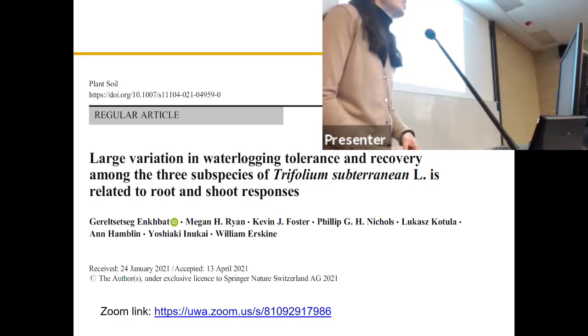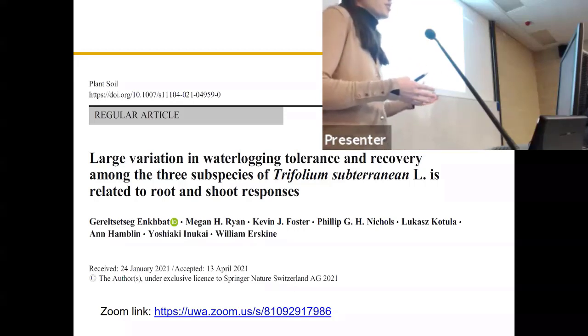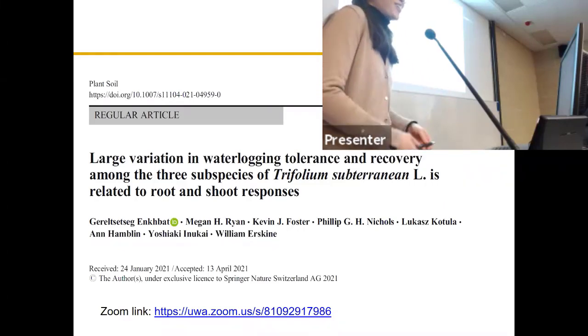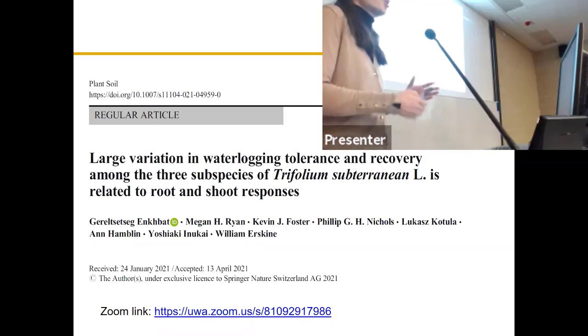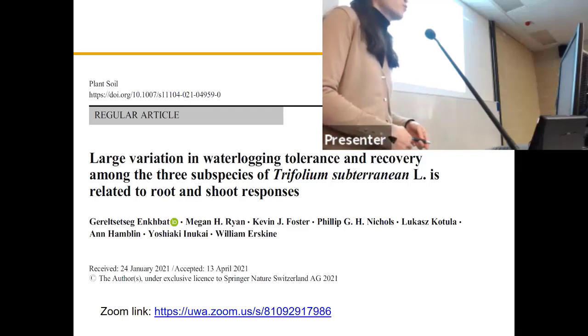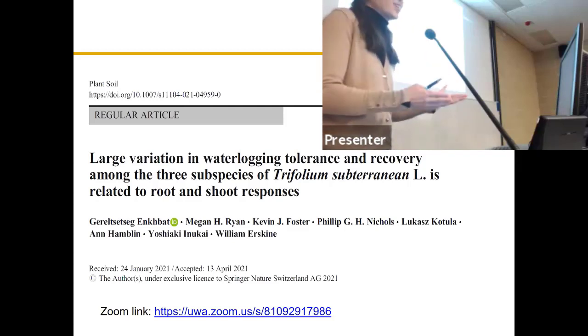Recovery. Well, when I started this experiment, I thought there would be a highly different recovery related with the waterlogging tolerance. If they're behaving well under the waterlogged condition, they might also have more ability to recover, right? But in that situation, it showed different results. So in the field condition, it might also be very different, because the waterlogging tolerance couldn't be assessed by how they're growing under the waterlogged condition.